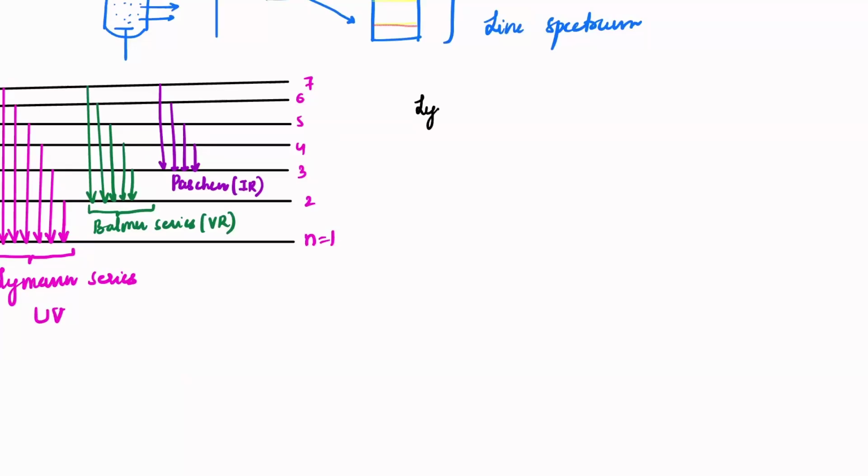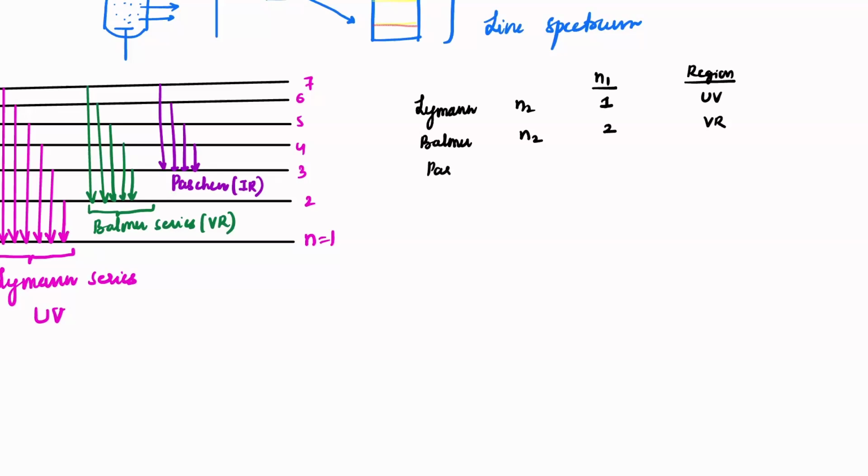First is the Lyman series, where n1 has to be 1 and n2 is any higher orbit, and the region is always ultraviolet. Next is the Balmer series, where the electron falls to 2, observed in the visible region.